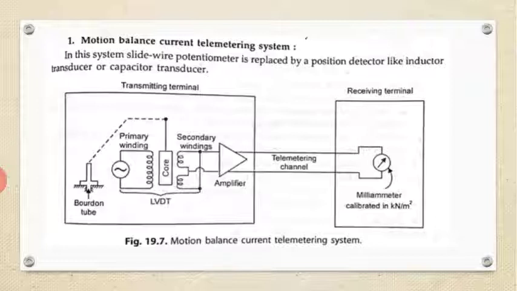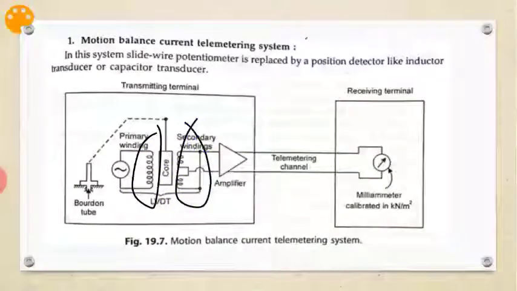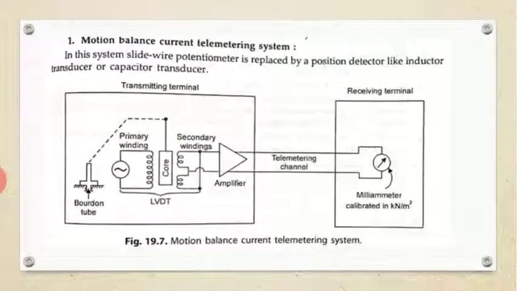Here we use the LVDT, the linear variable differential transformer, which I have already discussed. Here, this is the primary and this is the secondary winding. In between there is a movable core, which moves depending upon how much pressure there is.